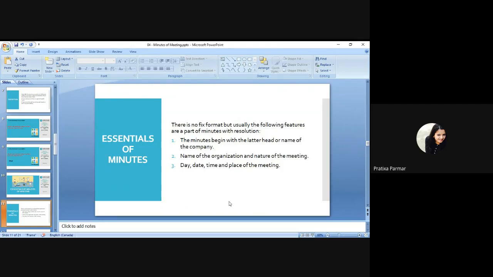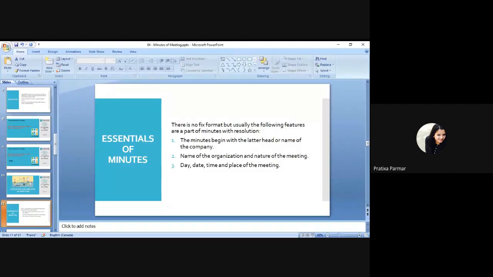First, the minutes begin with the letterhead or name of the company. So here you're supposed to write down the name of the organization where you are working. Number two, nature of the meeting. Nature of the meeting means for what purpose you are having this meeting.